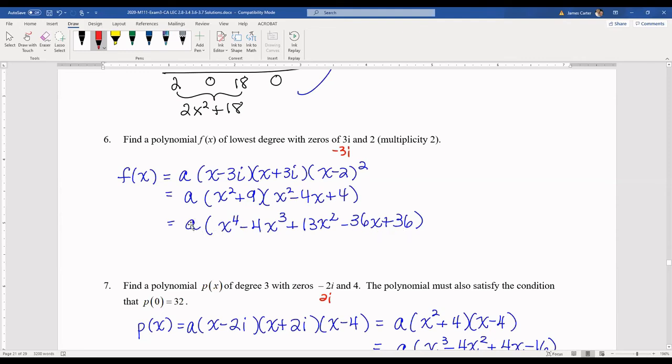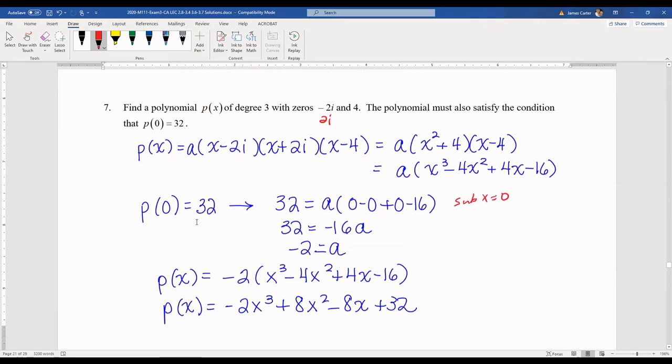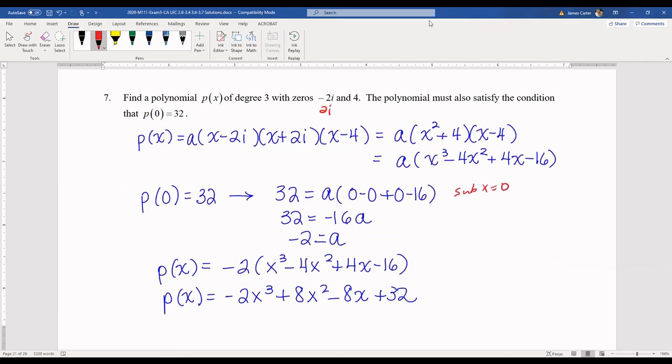Now, we don't know in this case if there is a multiple out in front of everything, because they don't show us the leading term constant. Now, in this case, they have to tell us that the y-intercept, where x equals 0, then y equals 32.